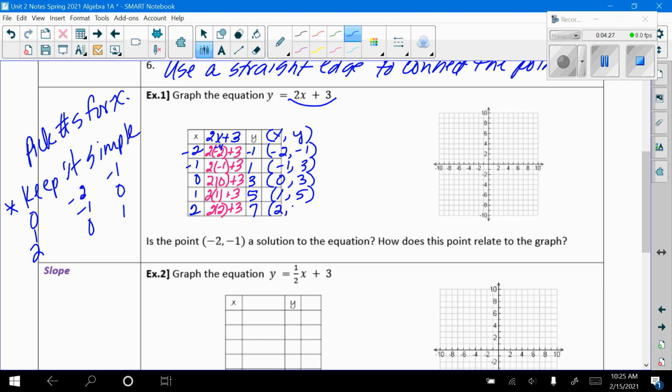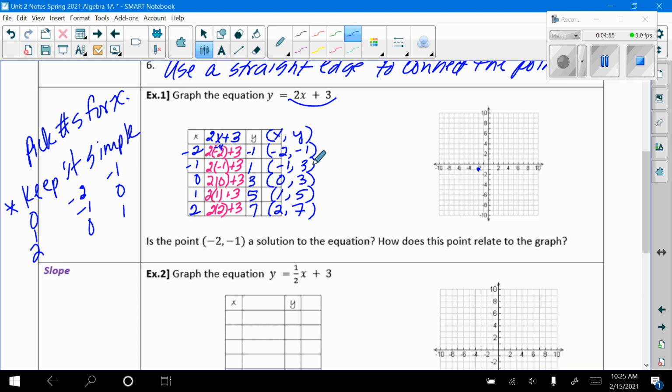So 2, 7. If you take them all and you notice, my slope is 2, because we've talked about this before. And if you go up in increments of 1 here, for every 1 I go up in x, I'm going to go up 2. So this is up 2. 1 to 3 is up 2. Plus 2 is 5. Plus 2 is 7. So now plot your dots, and then draw your line with a straight edge. So negative 2, negative 1.